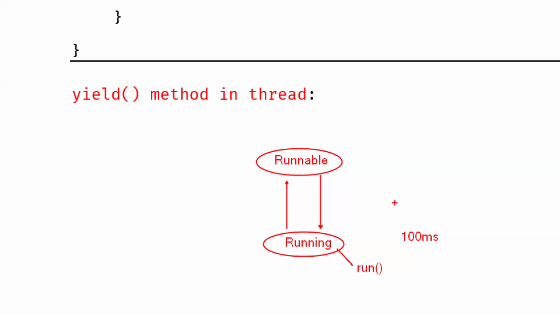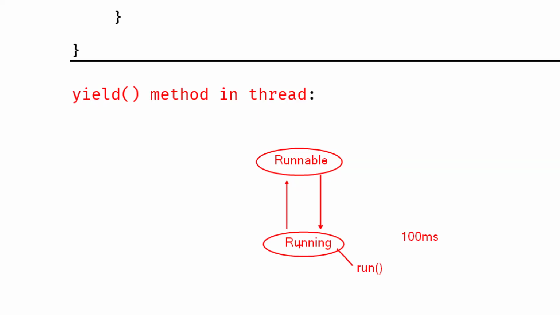Yesterday I wrote that statement also. Time lapsed means time is over. If 100 milliseconds are over, then the thread will be moved from where to where? From the running state back to the runnable state.